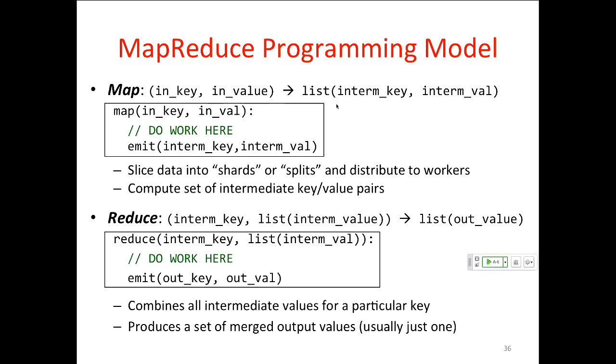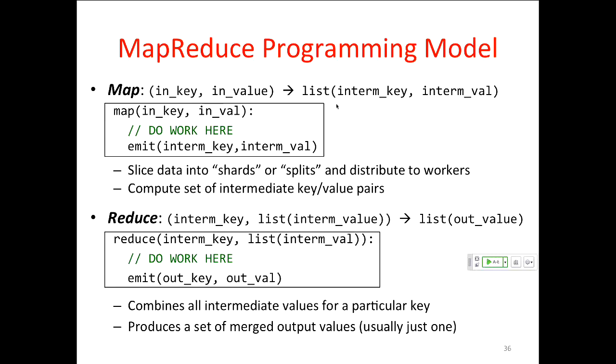Tasks are done in parallel by the map function, and it slices the data into smaller chunks of data, which are called shards or splits, and then it distributes this data to worker servers.